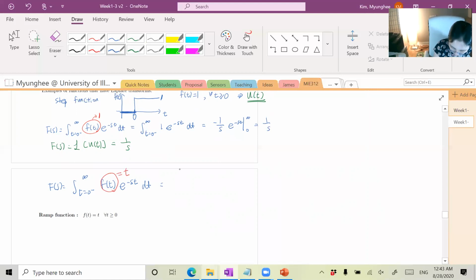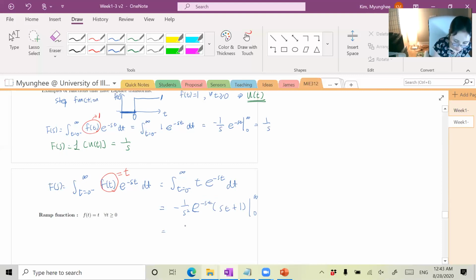So this becomes the integral of t e to the minus st dt, which is minus 1 over s squared, e to the minus st, plus 1.